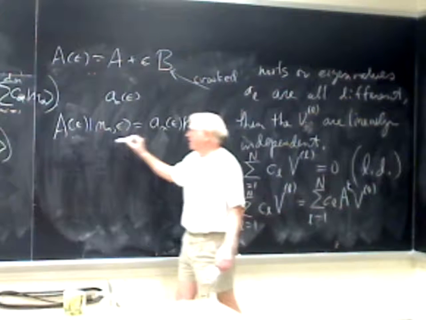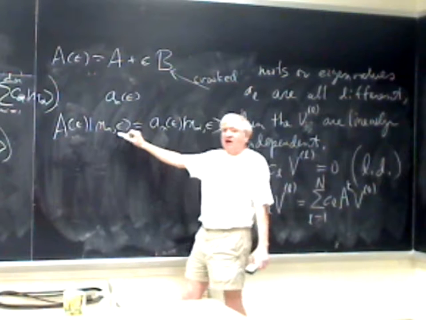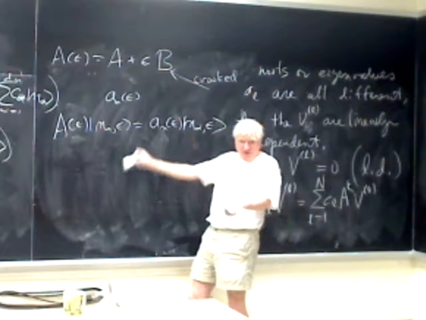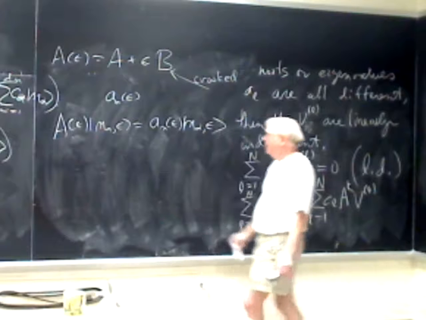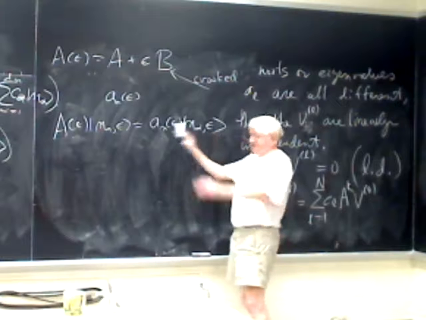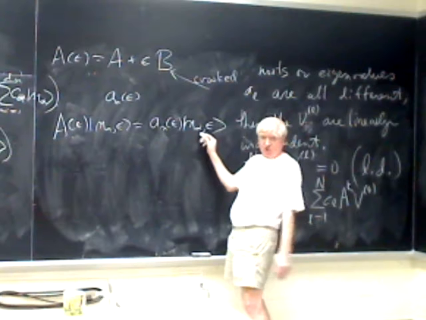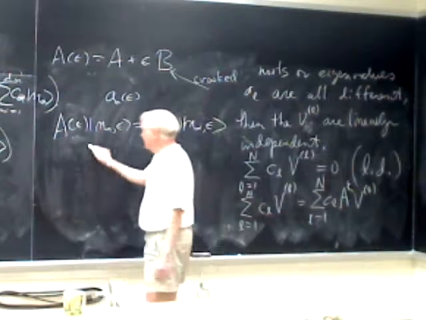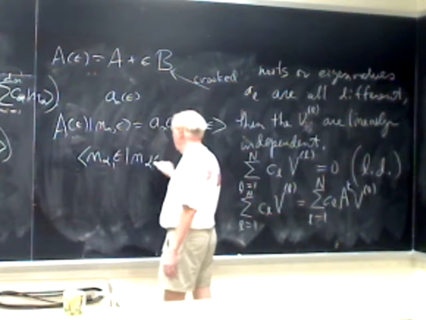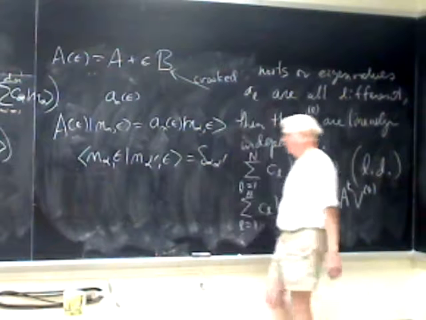The operator A(ε), because it's so crooked, has n eigenvectors with n eigenvalues, but now all the eigenvalues are different because you've broken the symmetry. Since they're the eigenvectors of a Hermitian operator and the eigenvalues are all different, these are all orthonormal. And so you can say ⟨n, α, ε|n, α', ε⟩ equals δ_αα'. You can take them orthonormal.